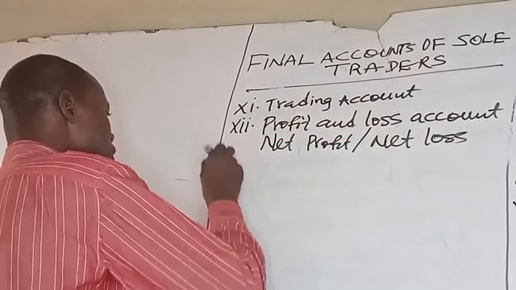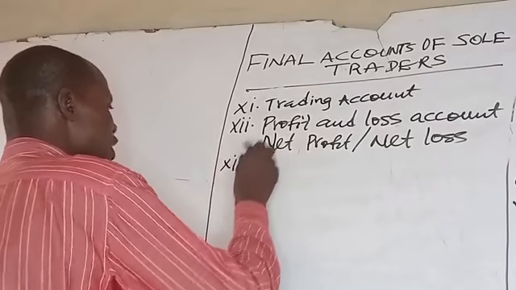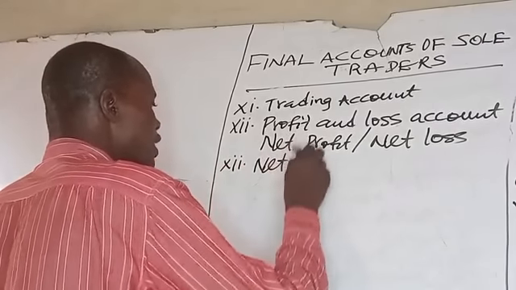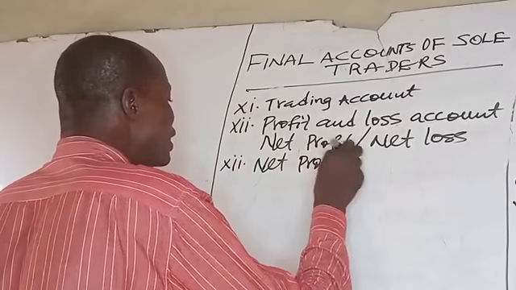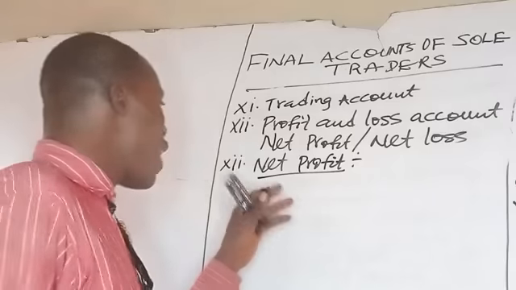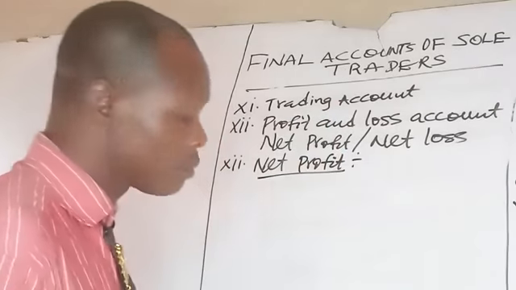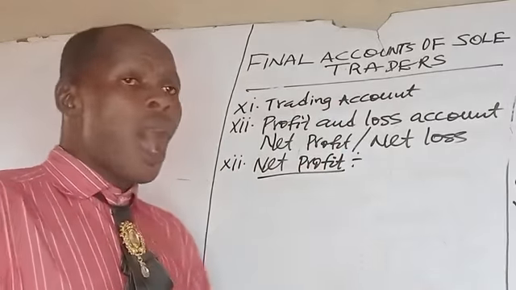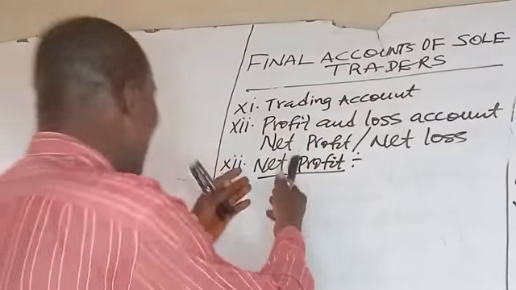Number 13. What is net profit? Net profit is the profit after the deductions of all operating expenses. After deducting all operating expenses, you arrive at the net profit.